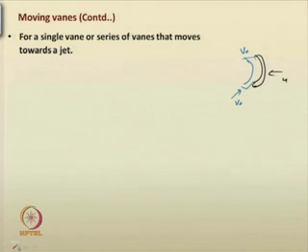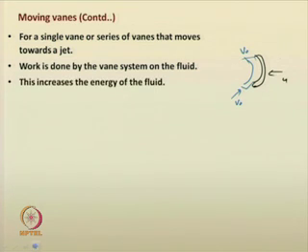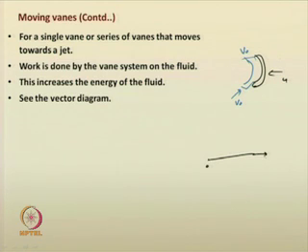So, you can use the same vectorial diagram, okay. Now, the work is done by the vane system on the fluid. So, it increases the energy of the fluid. We can use the same vector diagram as suggested earlier, and origin O is selected. This is the magnitude of velocity V 0 at the inlet. Okay. Now, from this origin, in the opposite direction, the velocity of the vane u occurs there.